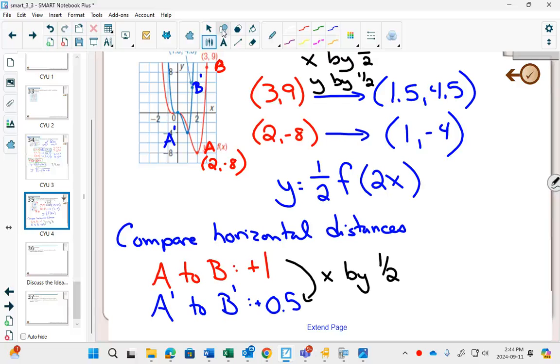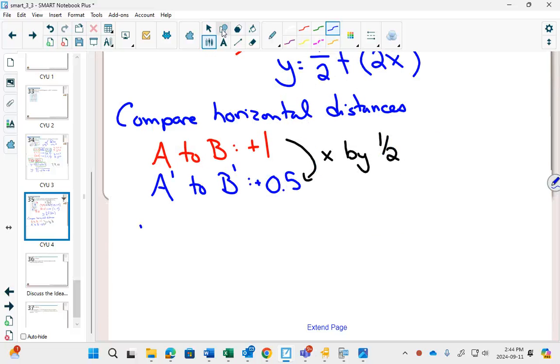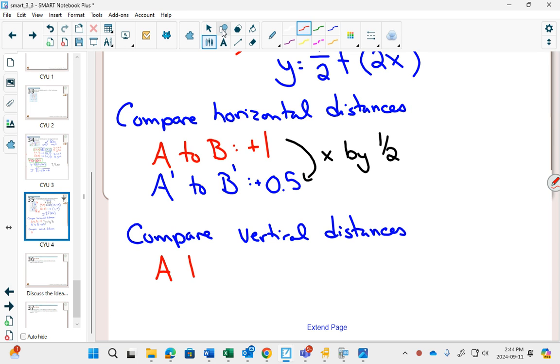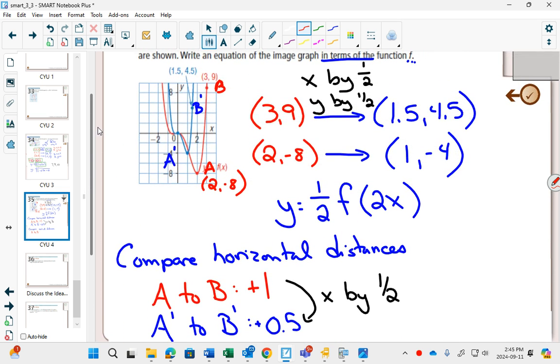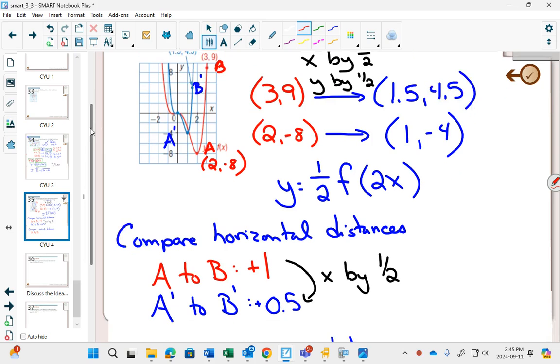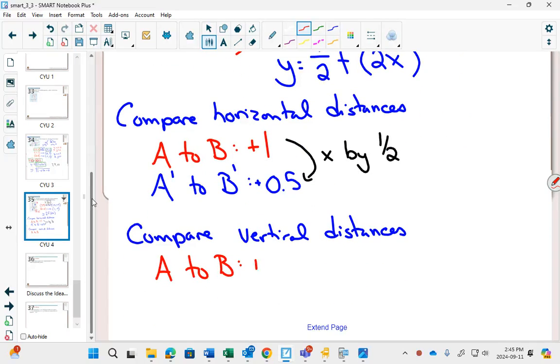And we're going to have to do the same thing with our vertical distances. If we look at our original graph, the red one, from A to B, we start at -8, and we go all the way up to 9. And you see that that means you have gone up 17.